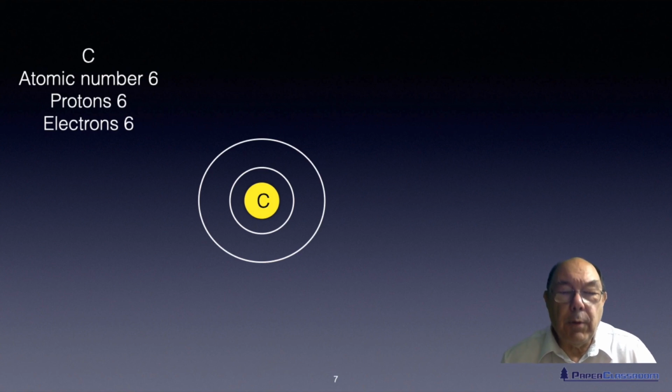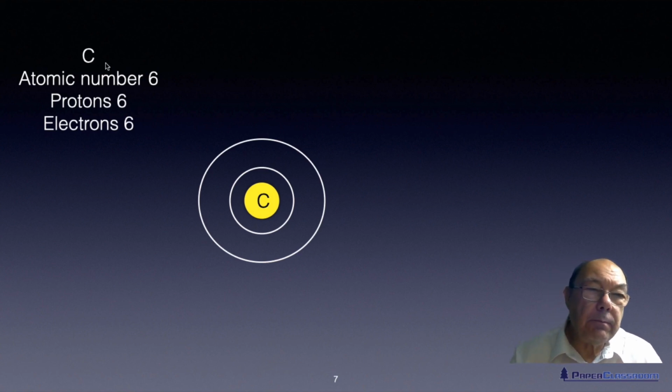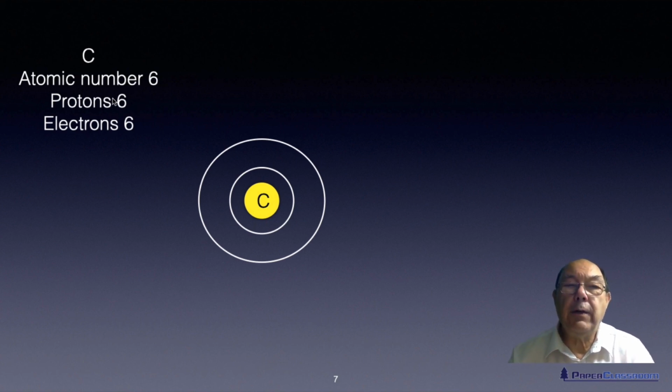If we look at carbon now, nomenclature C, the atomic number of carbon is 6. That means it has 6 protons, and in order to be electrically neutral, it must have 6 electrons. So let's see how the electrons are arranged.